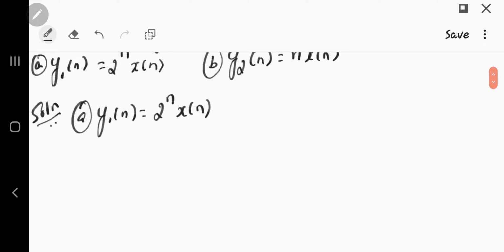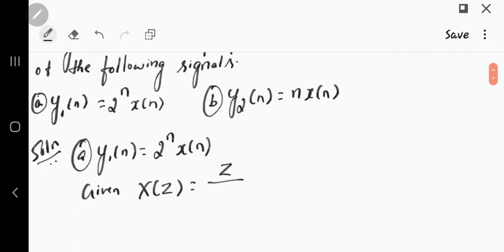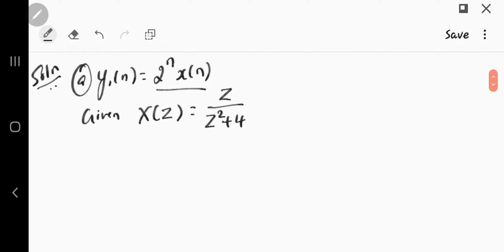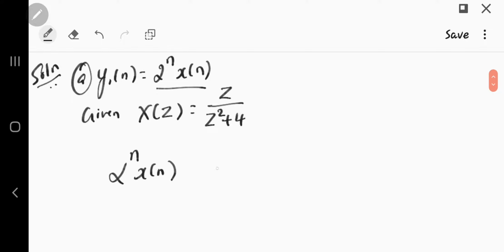Now given x of z is equal to z divided by z square plus 4. If you look at the input, it is in the form of alpha to the power of n into x of n.